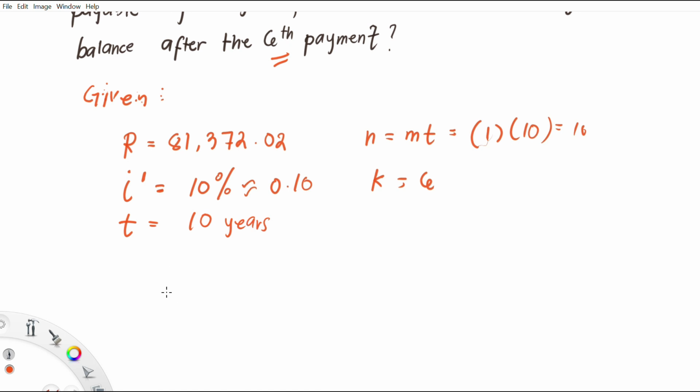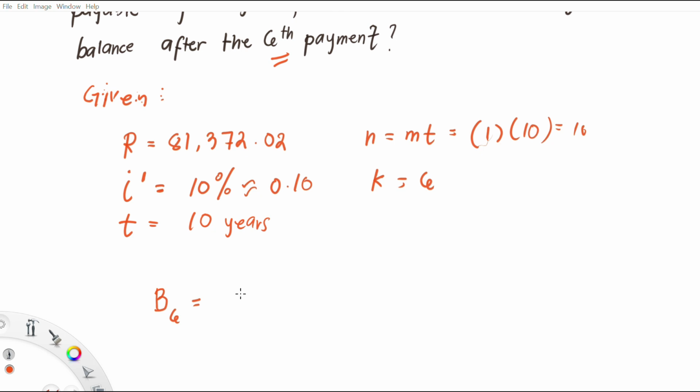So we have the formula for the outstanding balance. I'm just going to plug it all in. We have B sub 6.